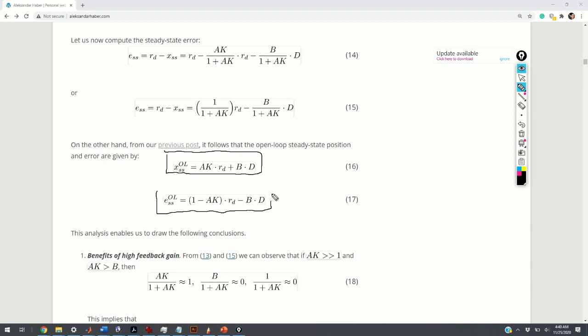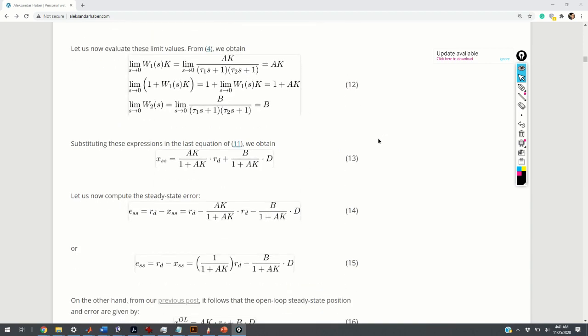Now, K again is the control parameter, however it is just an open loop controller. What we can see immediately is that we cannot affect the disturbance with this controller. The same thing can be seen by analyzing the steady state error. You cannot affect this part over here. On the other hand, let's see what happens in the case of the feedback control algorithm.